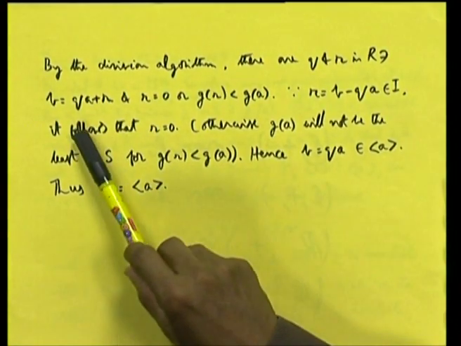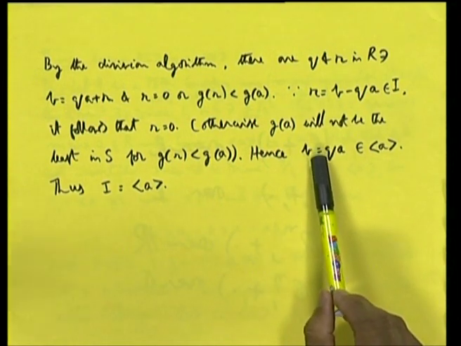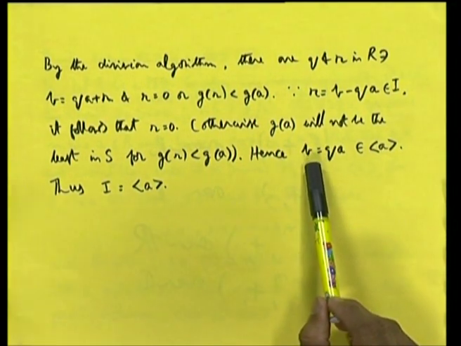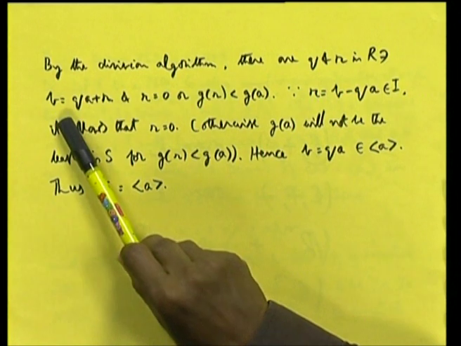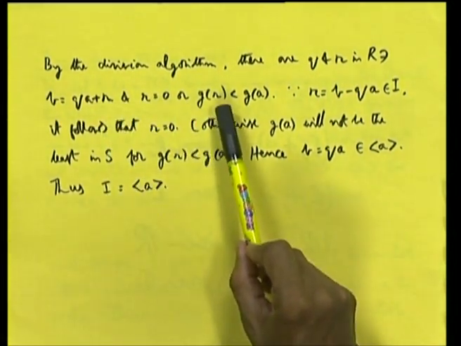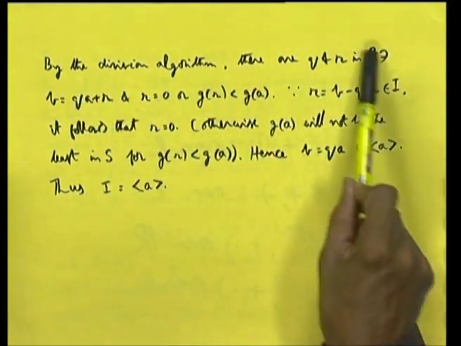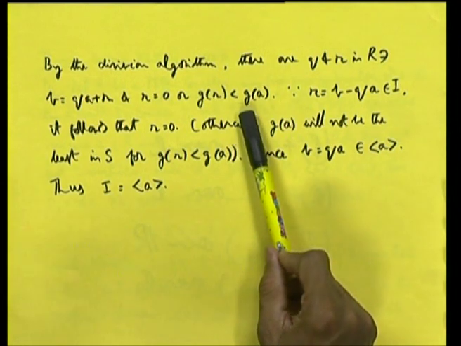This b and a are non-zero, and from the Euclidean algorithm property we have b is equal to qa plus r, where r is 0 or g of r is less than g of a. This is coming from the definition of Euclidean domain.